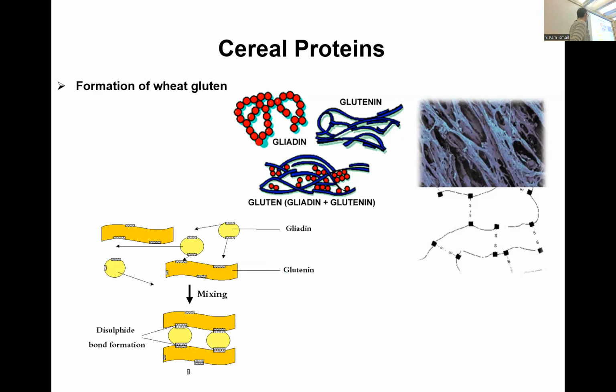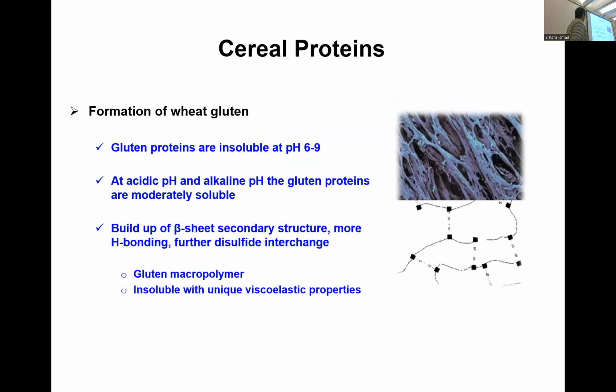Okay, so this is just another illustration. Here again, the gluten proteins are not soluble around neutral pH and a little bit below or over, due to low amino acids that are acidic and basic. At lower and higher pH, they're moderately soluble, not so great either. And then this is where it's very important.